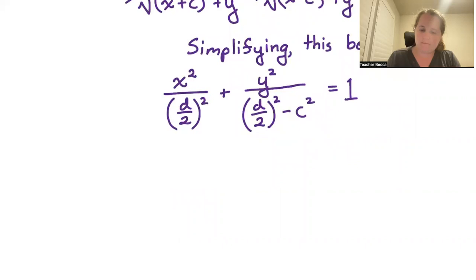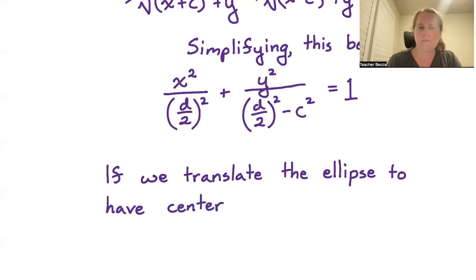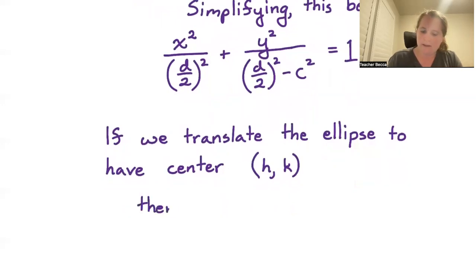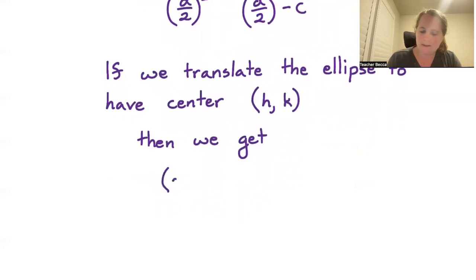Typically, before we do that, if we then shift the center, so if we translate the ellipse to have center h, k, then translating from 0 to h for our x coordinate, we just replace x with x minus h.